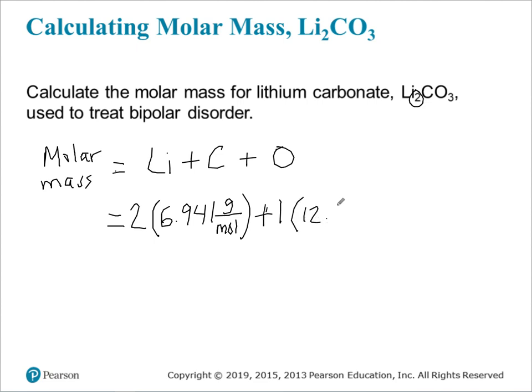When you're doing it, you don't have to. But there's only 1 carbon atom, and its molar mass is 12.011 grams per mole. For the oxygen, there are 3 because of the subscript. So we're going to multiply 3 by the molar mass of oxygen.